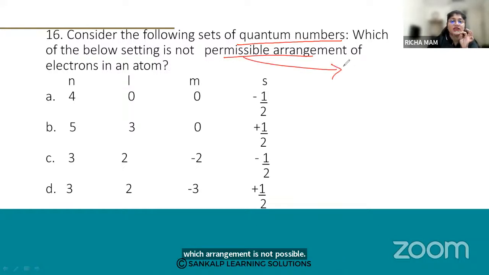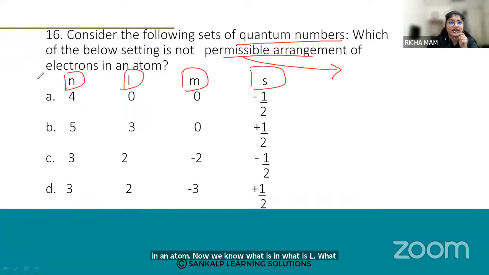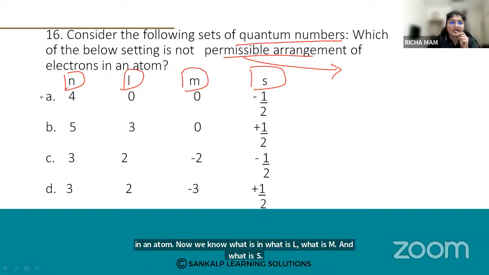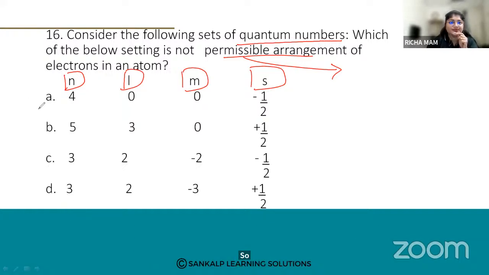Which set of quantum numbers is not possible for an electron in an atom? Now we know what is N, what is L, what is M, and what is S. So try to answer this. These are the 4 options. Which set of quantum numbers is not possible?